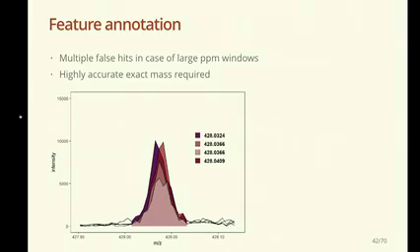But when you then start to query databases, you have to use very large ppm windows to find an actual compound. And if you have a couple of thousand compounds in your data set without the chromatographic separation, with adducts, isotopes, all starts to become very, very difficult, and you will get thousands and thousands and even millions of false hits in databases, which is just not feasible.